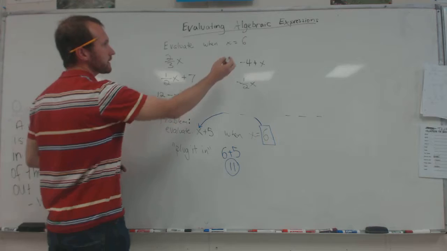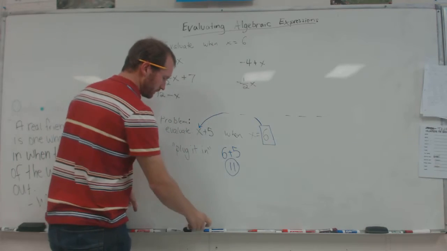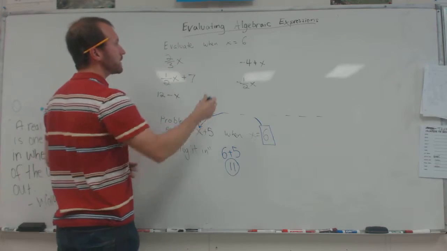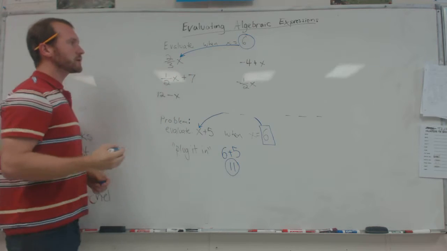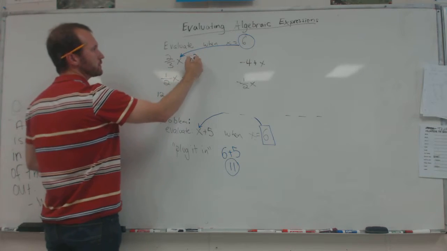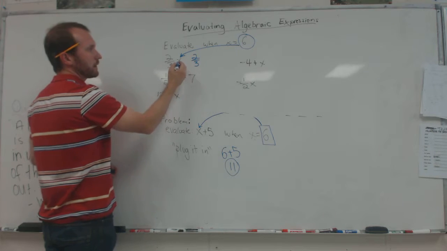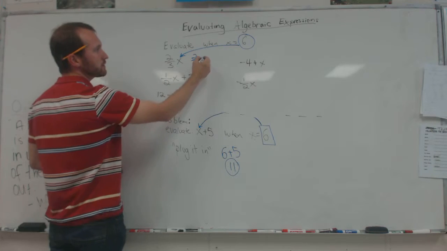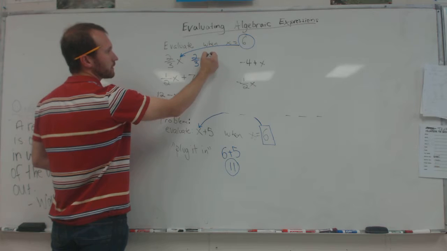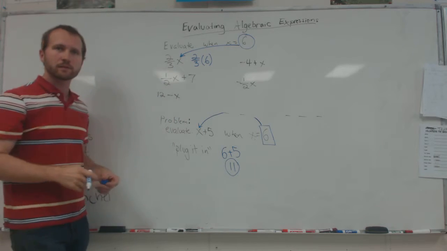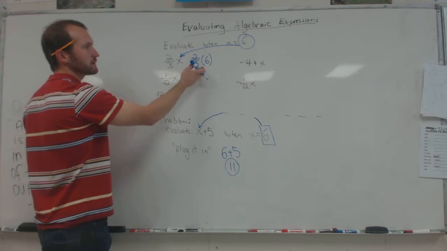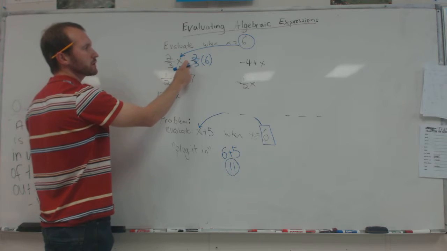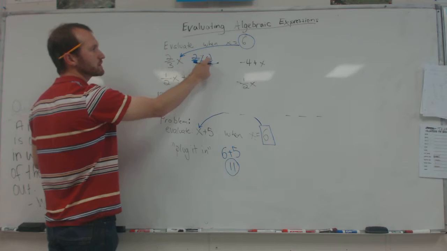Alright, so we're going to take the 6. We're going to plug it into each one of these expressions. So the first one, we're going to have 2/3. Where I had my x, I'm going to usually put parentheses. So I'm going to put my 6 in parentheses. In this case, it doesn't really make a difference. All I'm going to do is 2/3 times 6.